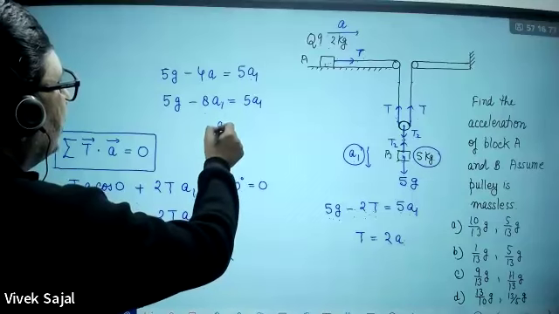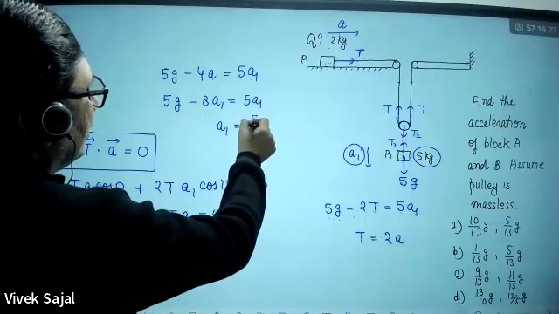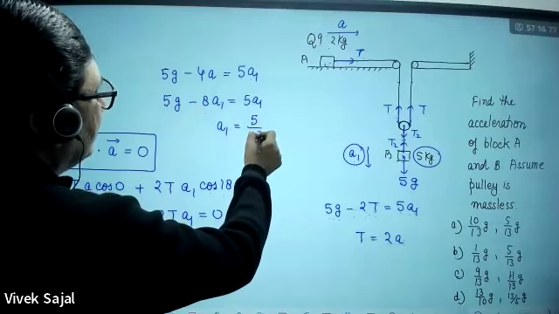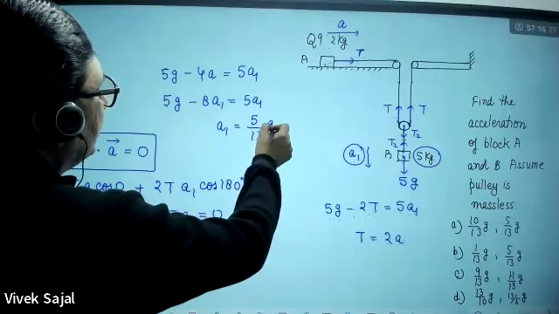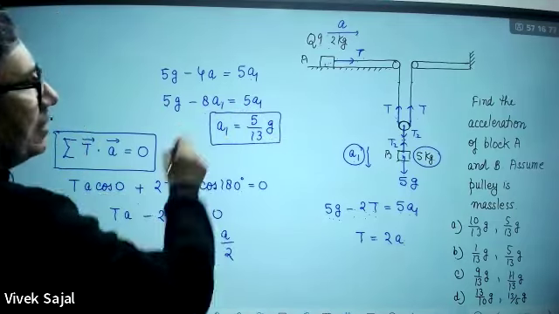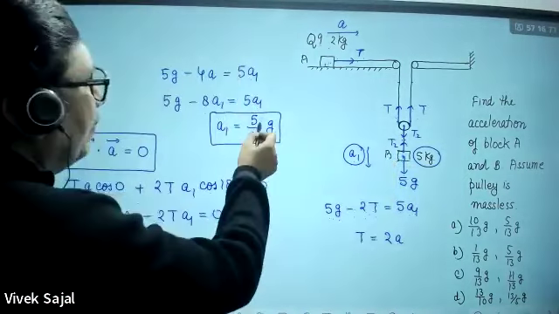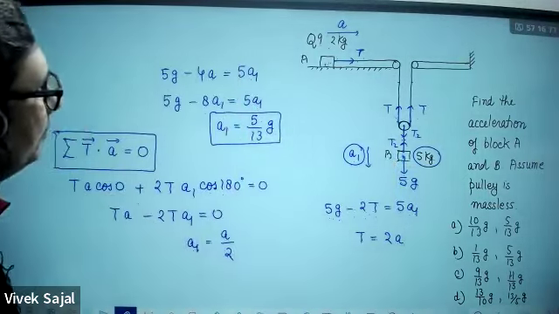So what will be A1? A1 will be 5 divided by 13, and this will be G.